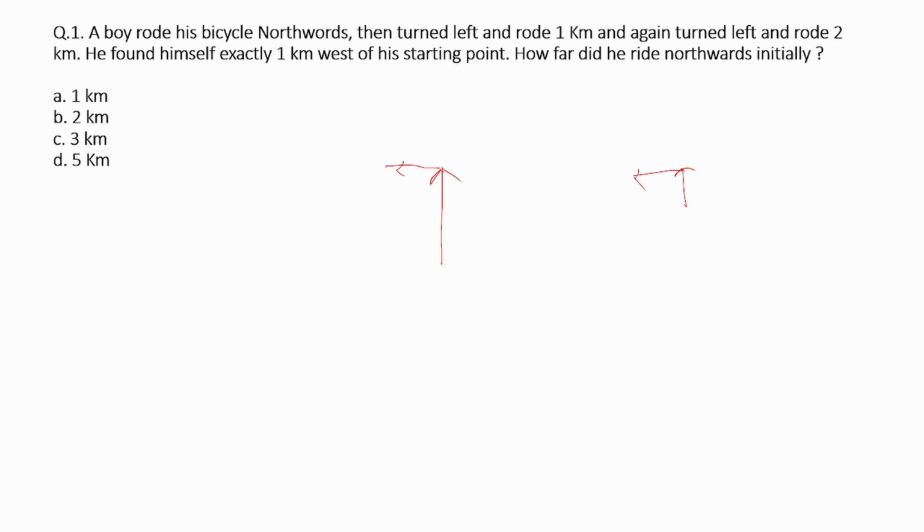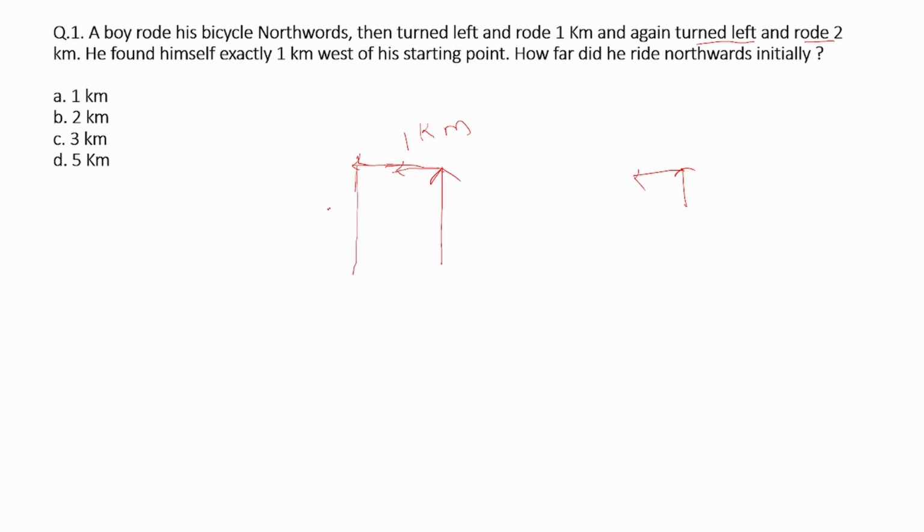So after reaching here, the boy took a left turn and rode 1 kilometer. This is 1 kilometer towards his left. And again he turned left and rode 2 kilometer.